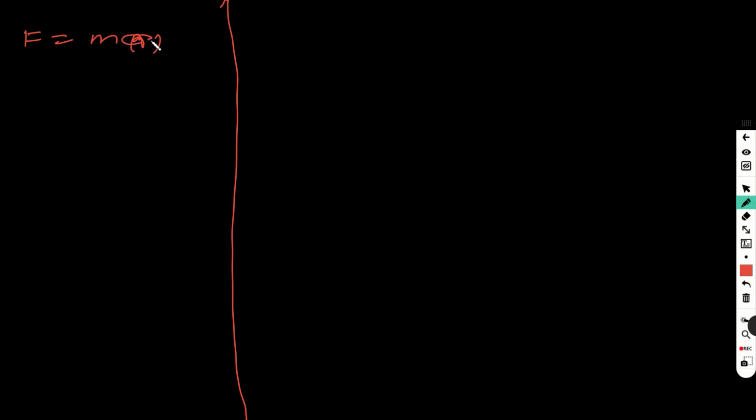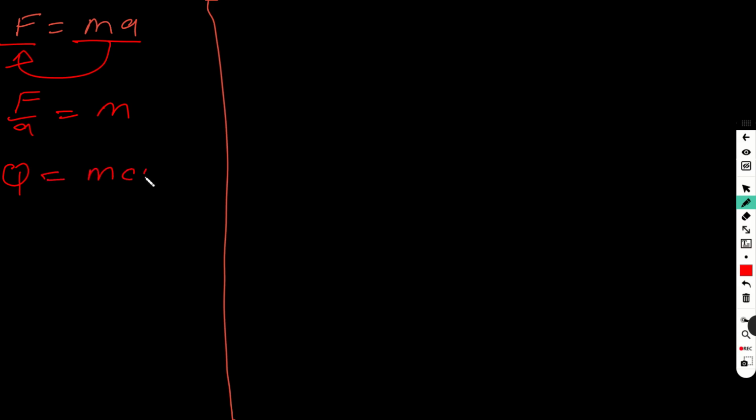So what do you do? Draw your line. I take my A this way. I have F over A equals to M. That's what we've done.